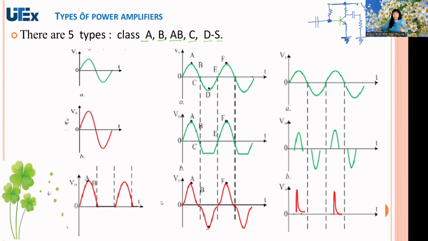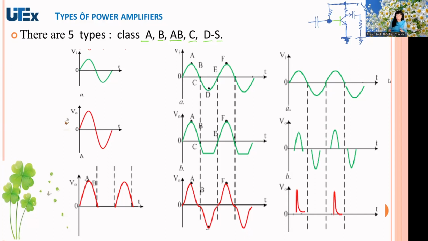You can see here, usually the output here is the collector. And on the left, this is the base. It means this has collector, base, emitter common and fixed biasing.